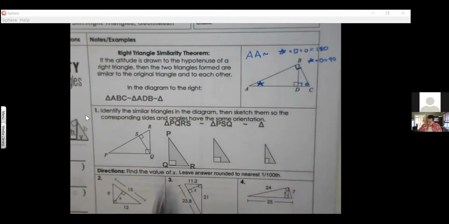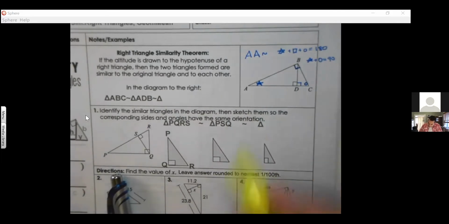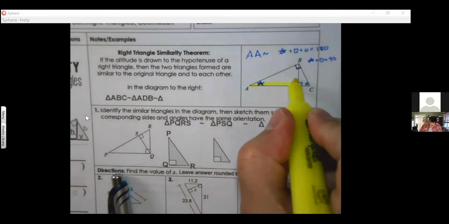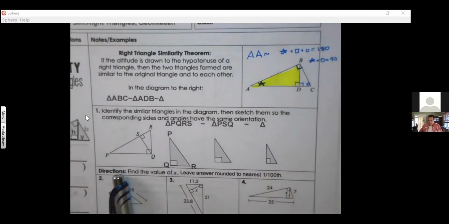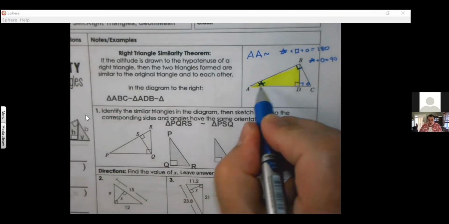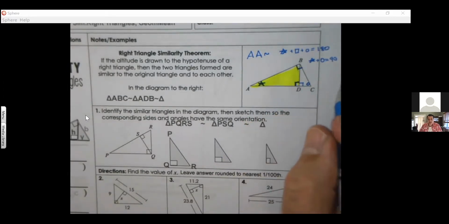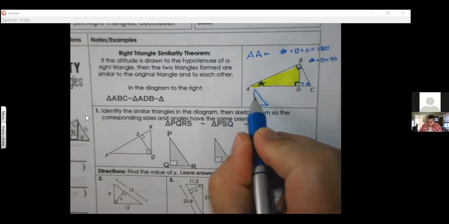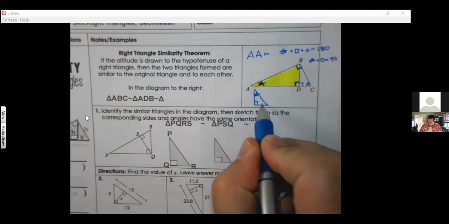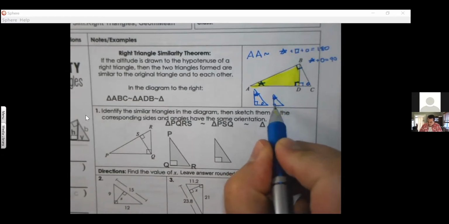Now, we've already talked about the big triangle. What I'm now going to look at is the medium-sized triangle, the mama bear. In this triangle, I've already got a star that's being shared, and I've already got the right angle that's being shared. So we know that the biggest triangle, having a star and a right angle and a circle, is now similar to the second triangle because it has a right angle and a star.